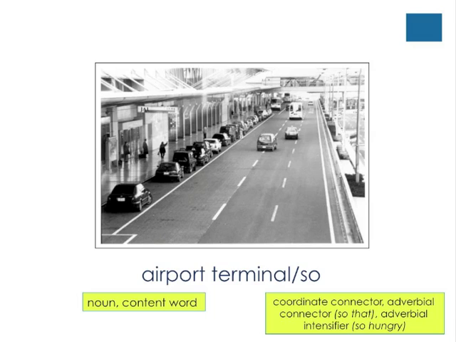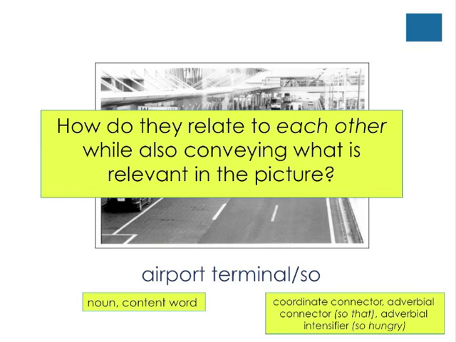You could use it as part of an adverbial connector, so that. Or you could also use it as an adverbial intensifier to intensify an adjective like hungry. So for example, I'm so hungry. So there could be more than one possible use for this word. Now we also need to think, again, how do they relate to each other while also conveying what's relevant in the picture.